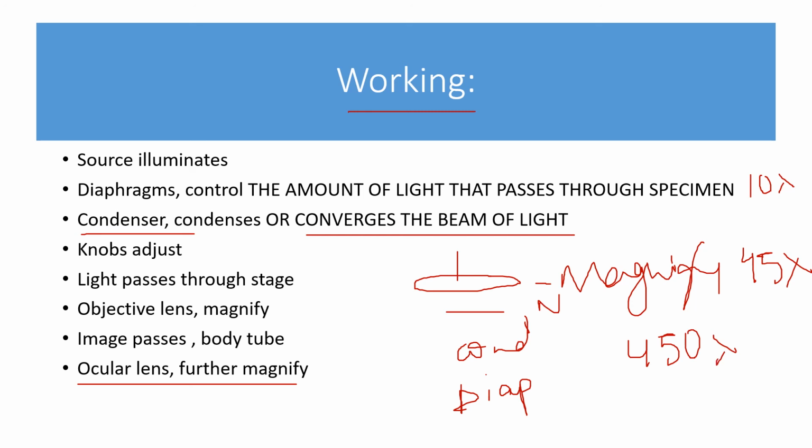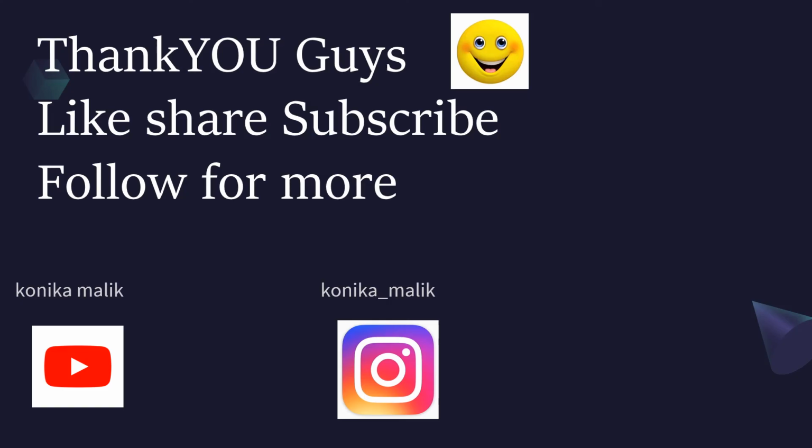Okay, 45 multiplied by 10, 450 times. So one more time, light passes through the diaphragm, condenser, stage, then the objective lens which magnifies the object, then passes through the body tube, and finally hits the ocular lenses which further magnify, and through which we see the final image. So that's it for this video, guys.